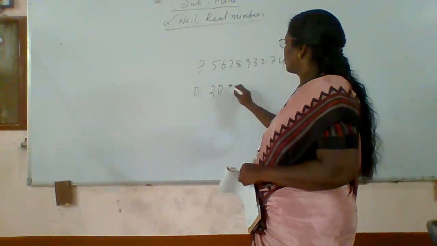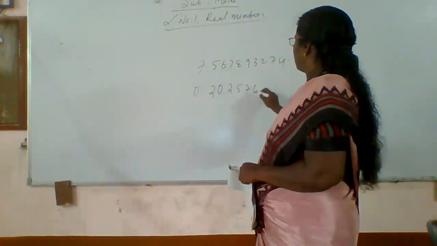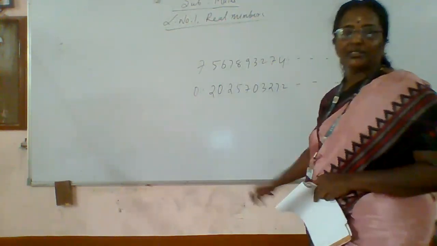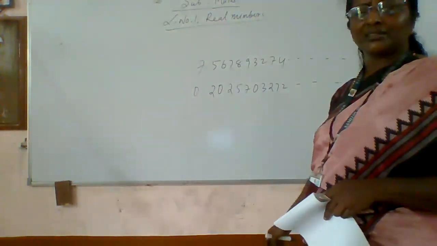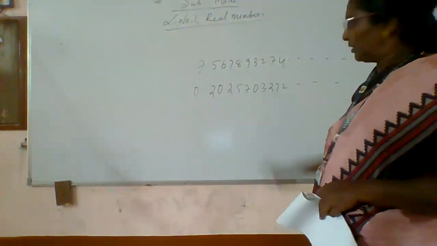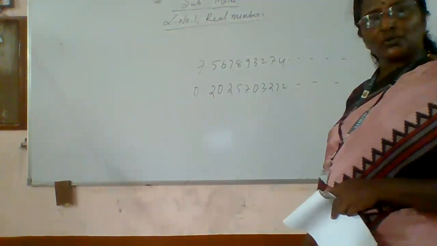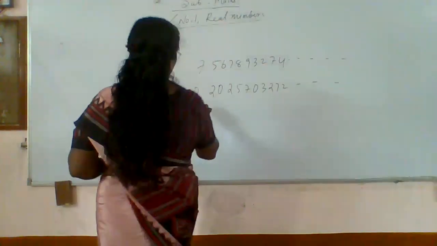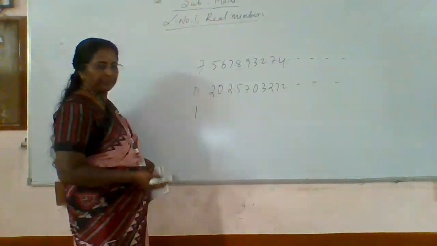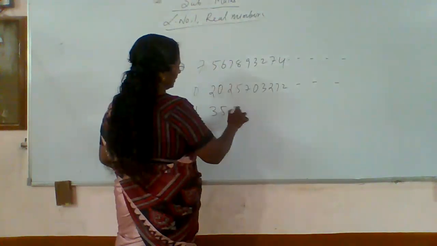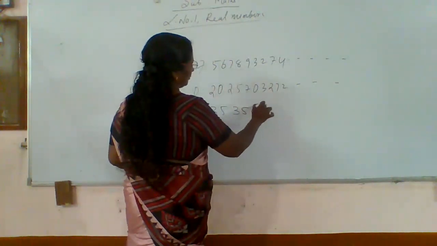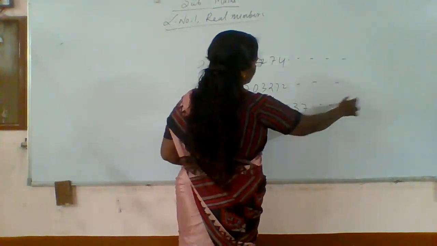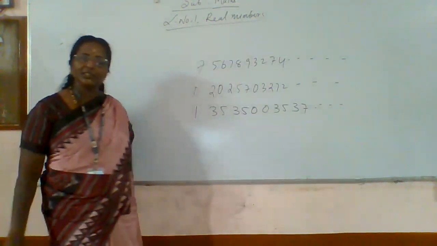2.020257 0327, etc. How funny it is. Simply you can write. It is non-terminating and also non-recurring. Then one more number: 1.35, 0.35 37, etc. Here is any group of digits repeating?